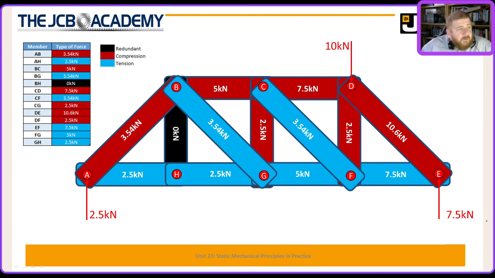That matches exactly what we were looking at. That is all the method of sections is asking us to do. It's very straightforward questions. Pythagoras' theorem is your friend with it.